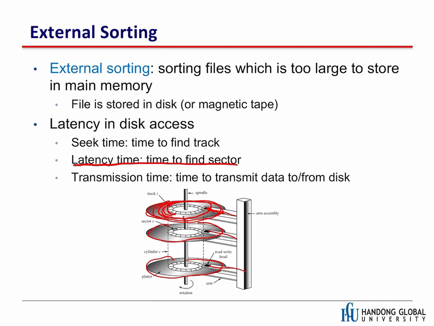In one track, we have lots of sectors, so we rotate the disk to find the right sector. Now this one is the right sector, right below this head. Once we found the sector, we have to transmit the data. There is a time to transmit the data from the disk.